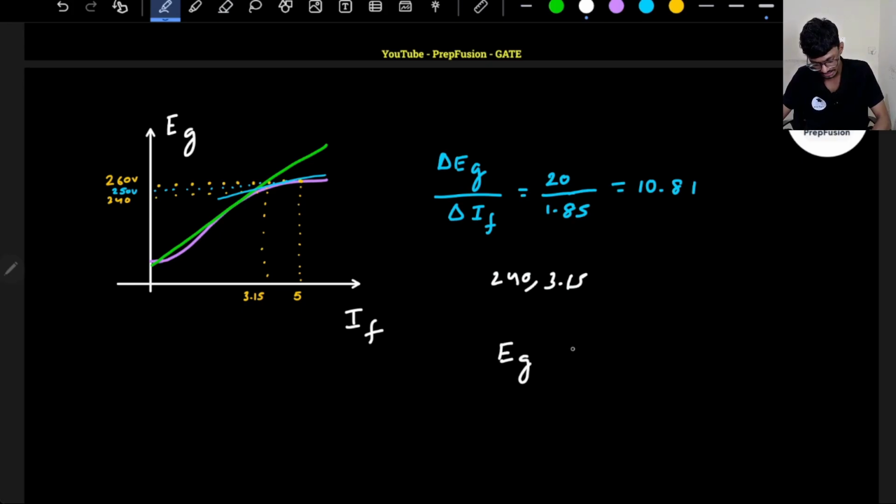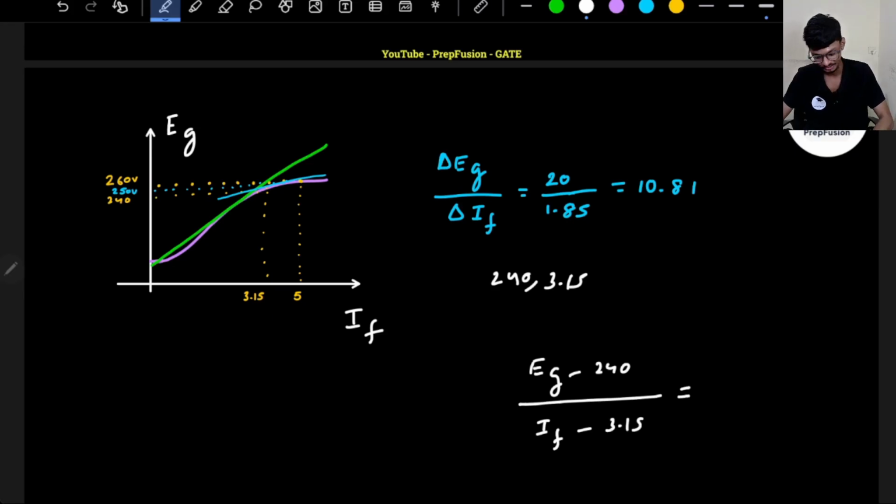So my Eg will be equal to the slope, 10.81, into If, plus I have to satisfy the point as well. So I can write the point slope format: Eg minus 240 divided by If minus 3.15 equals 10.81. I'm just using the point slope format. I hope you know how to write the equation of a line.